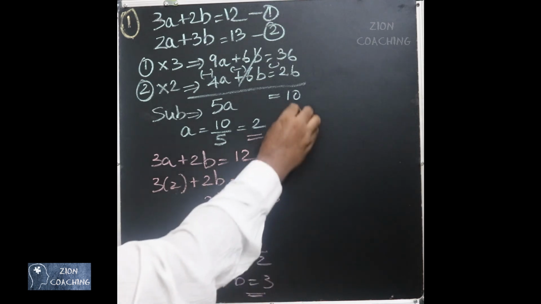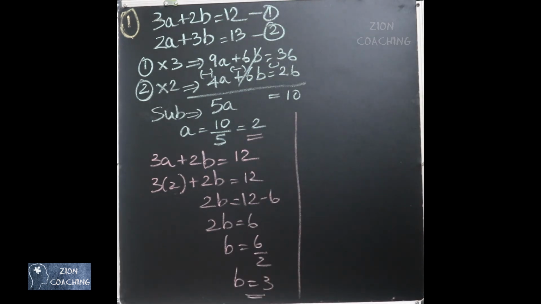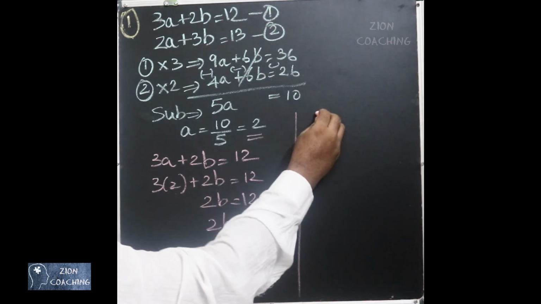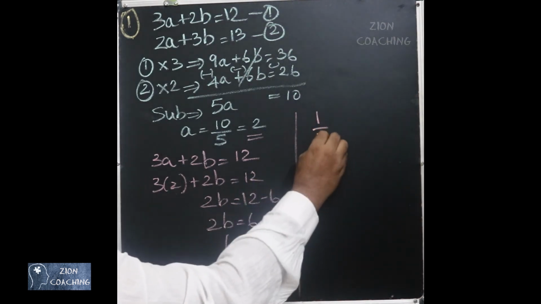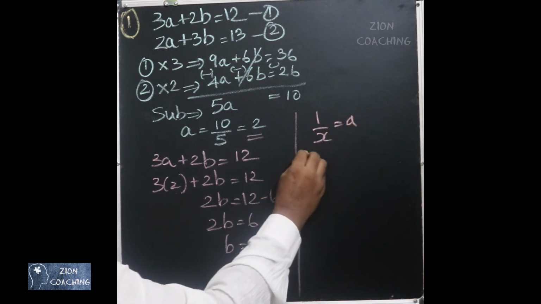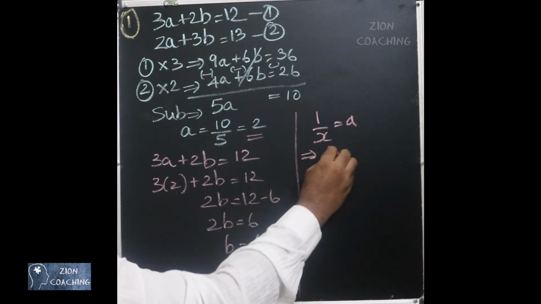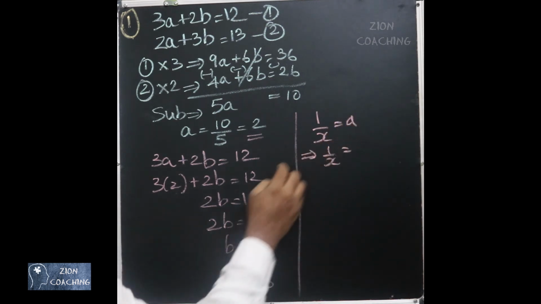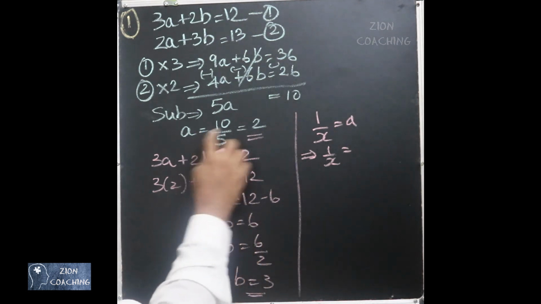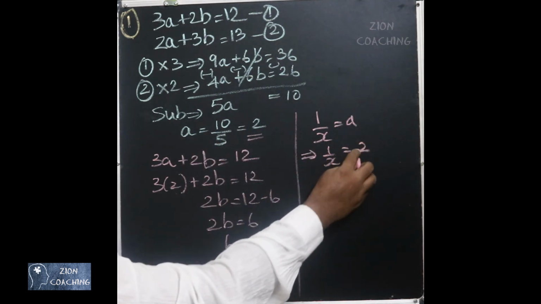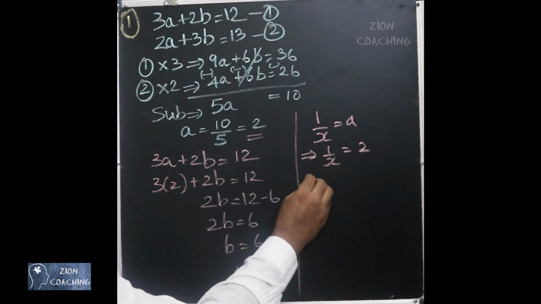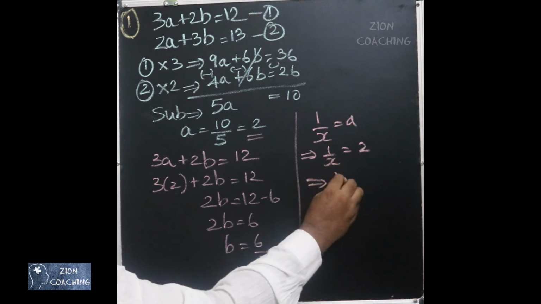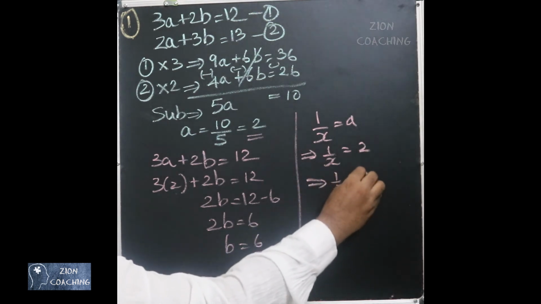Now we are going to find what is x and y. We have assumed that 1 by x is equal to a. That is, we have 1 by x is equal to a value is what we have found here, it is 2. Bring 2 to this side, take x to the other side, then we will get 1 by 2 is equal to x.